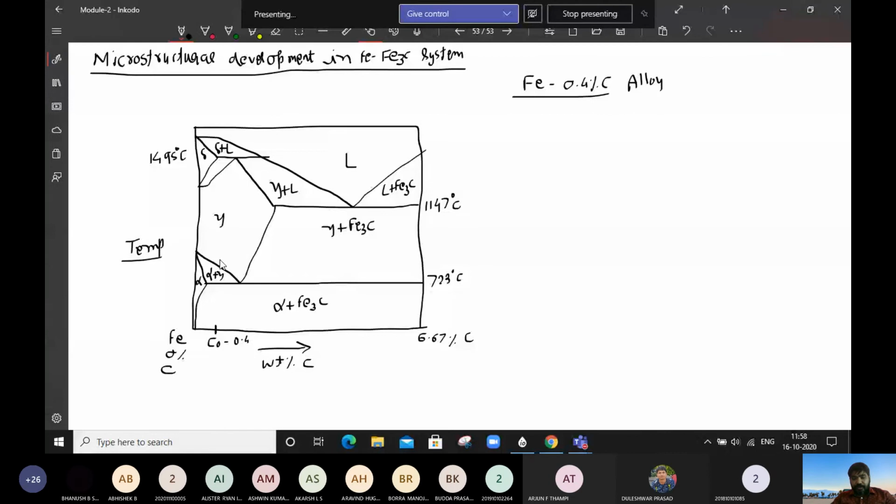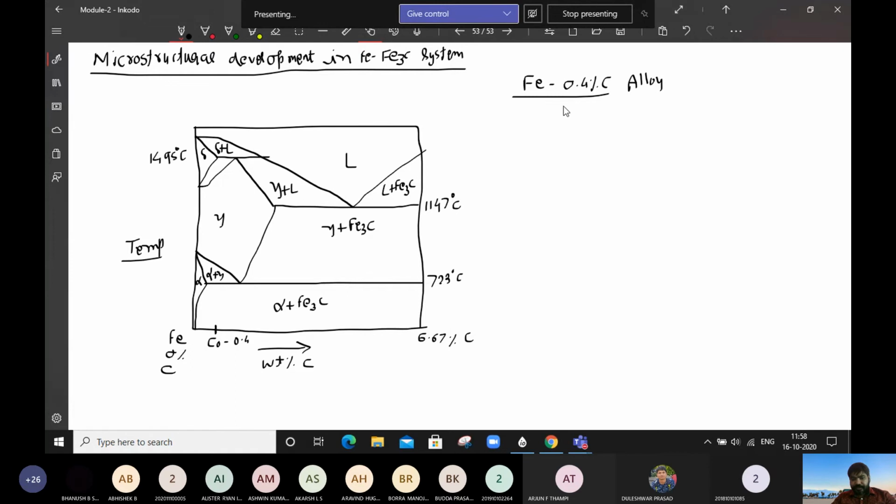Okay. Now, you have this alloy with you. You have heated this alloy to a single phase region, and then I ask you to cool it very, very slowly, equilibrium cooling. Now tell me what microstructures are present in different regions.